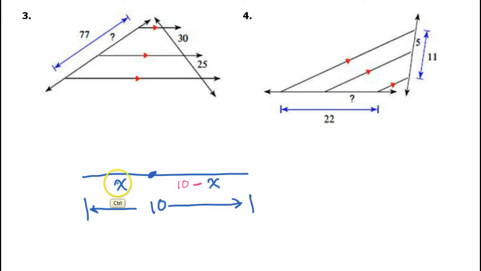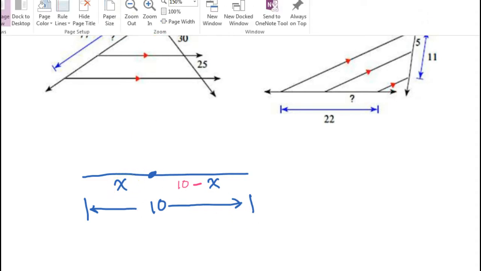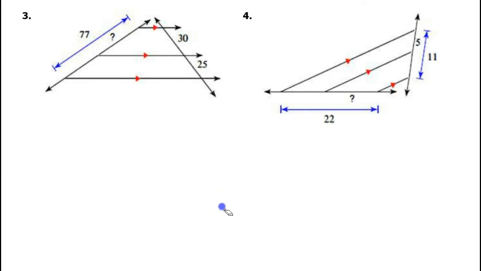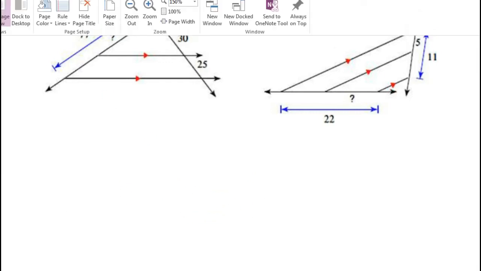When this was 4, then this side was 10 minus 4. If this was 2, this side would be 10 minus 2. So if this is x, then this side will be 10 minus x. It's the whole thing minus the part that you already have. So keep that in mind as you look at problem number 3.